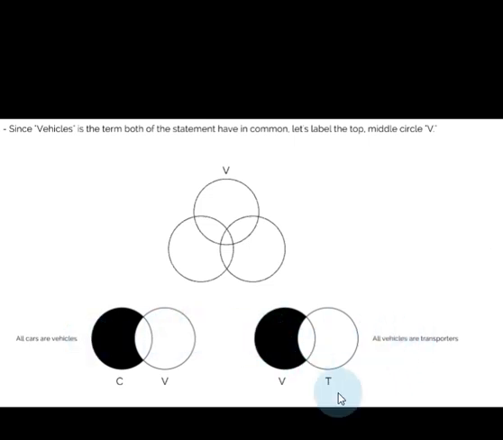Since they both involve vehicles, that's the middle term. And the middle term, we always want to put it right in the middle like that. Everybody got that? Okay. And then we label the left one C and the right circle T. Make sense so far?